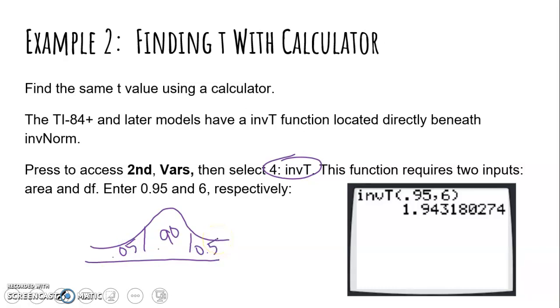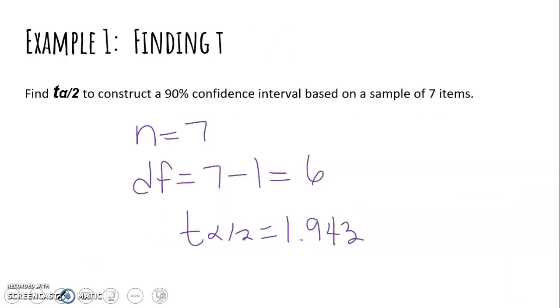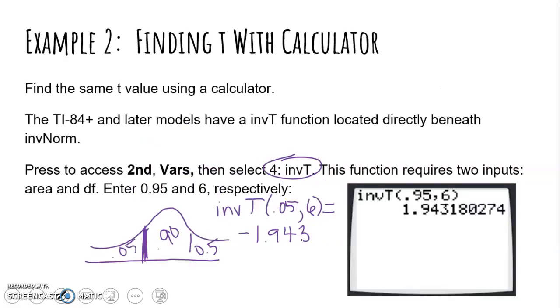Now, one way you can do it is second vars invT. You'd put in the area to the left of the lower boundary, which is 0.05, and follow it with your 6. That's going to give you negative 1.943, which is the same thing that we got on the table, except we'll drop the negative sign.